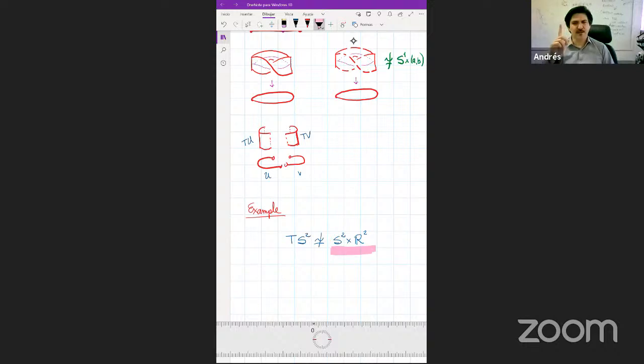You can take a vector, move it around, non-zero vector everywhere, and there's no problem, right? Again, this is something that you can do also on the plane. You can take a vector, just translate it, and everywhere that vector will never vanish, right?